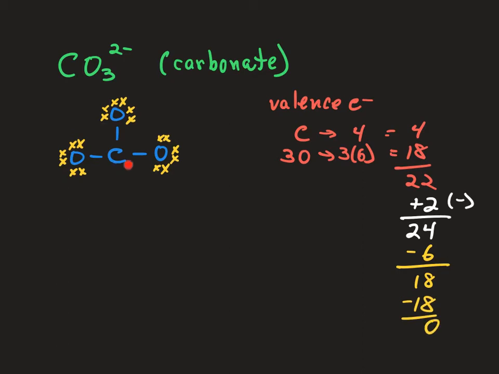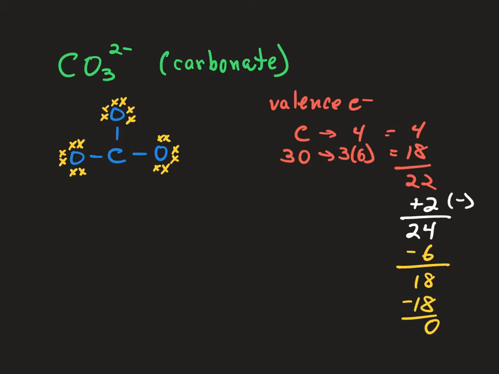but our central atom does not have an octet. And if we check our formal charges, each oxygen has a negative charge and the carbon has a positive charge.